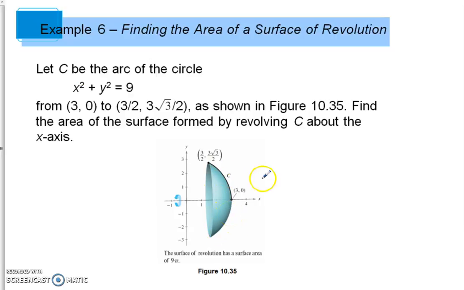A couple things, heads up before we get started. I know x squared plus y squared equals 9. I also know, you've seen the formula before, x squared plus y squared equals 1.